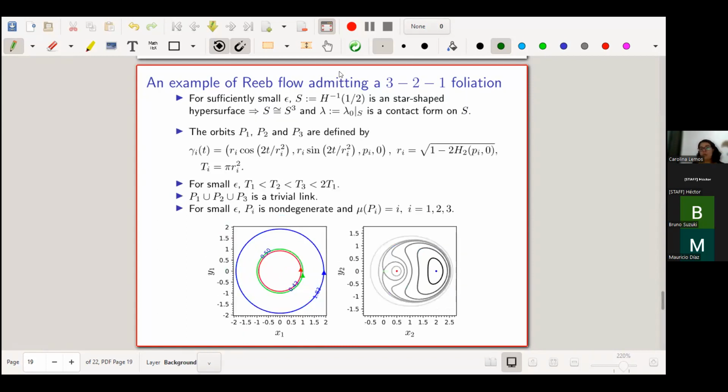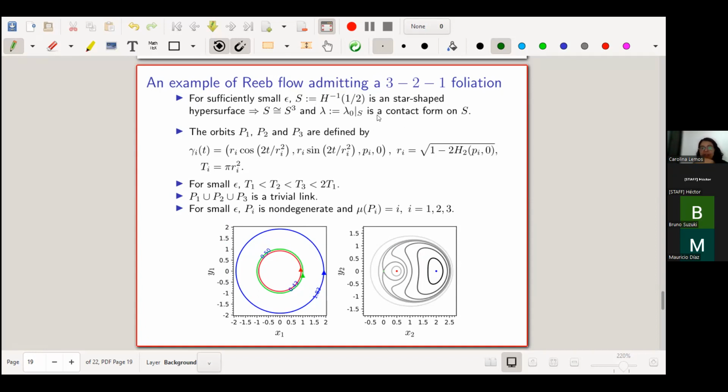And for appropriate energy, for instance, I took 1/2 here, the energy level is a star-shaped hypersurface. You just need to compute the derivative of H in the radial direction. To see that it's star-shaped implies that it's a contact type energy level.